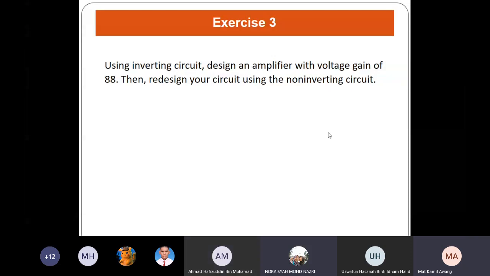Calculate the RF and R1. Yes, draw the circuit. If you draw it, there are marks. Of course, you have to draw it. Okay, so this is the exercise.